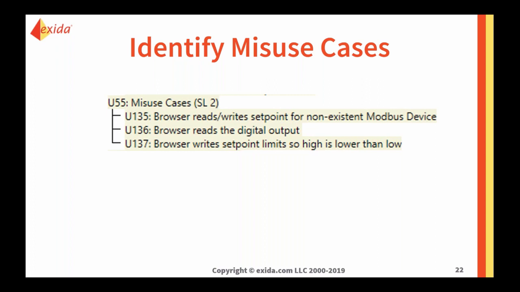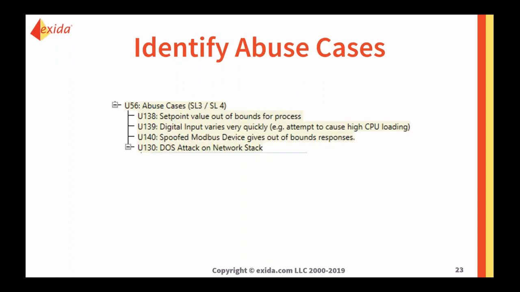And that, if we can go to the next slide, brings us to identifying the abuse cases. Again, we're going top down, so we're using the use cases to drive the misuse and abuse cases. In this case, we're talking about people who are actively attempting to attack the system. They really want to find out information about the system.